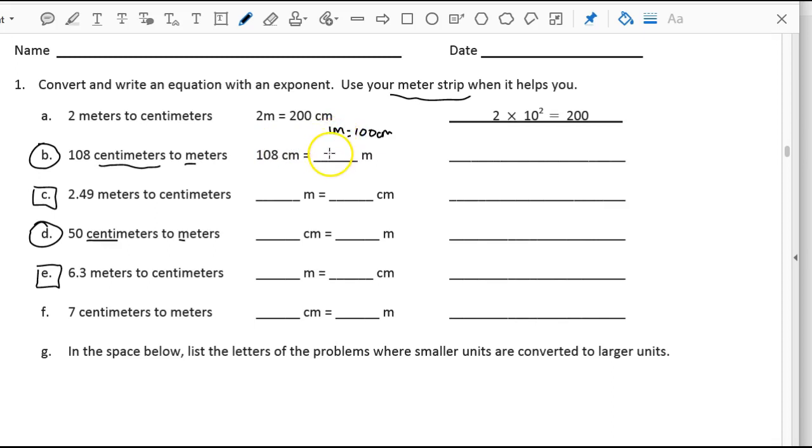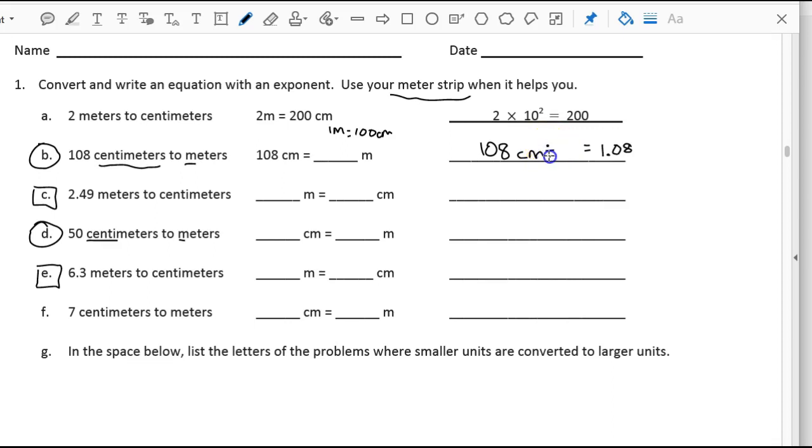So this number right here is not going to get bigger. It's going to get smaller. So it's losing place values. We're going to take that number that we've got, 108 centimeters, and it's equal to, let's say if 100 is equal to 1 meter, 108 is equal to 1 meter and you have 8 hundredths extra.